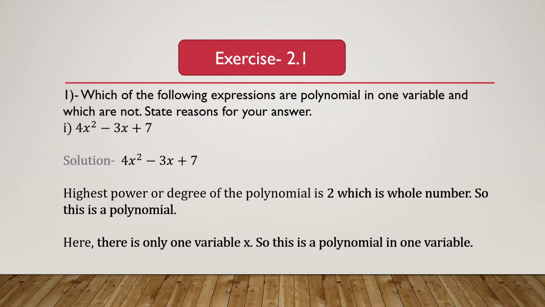So this expression is a polynomial, and we have to find out whether the polynomial is in one variable or not. Here only one variable, that is x, is present. In 4x square the variable is x, in 3x the variable is x. So only one variable x is present. So this is a polynomial in one variable.